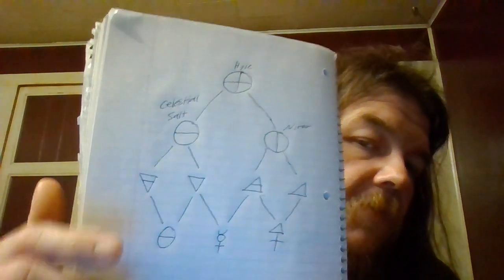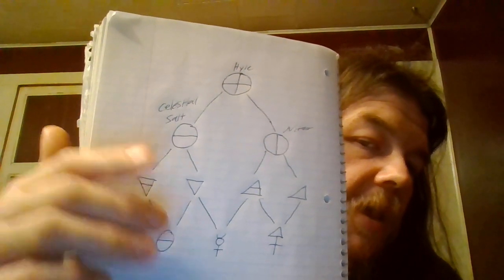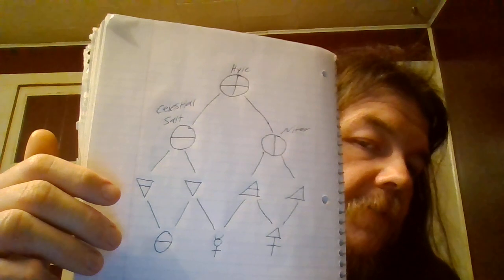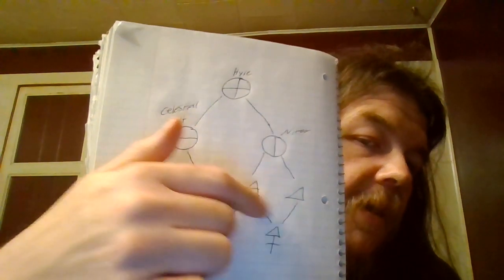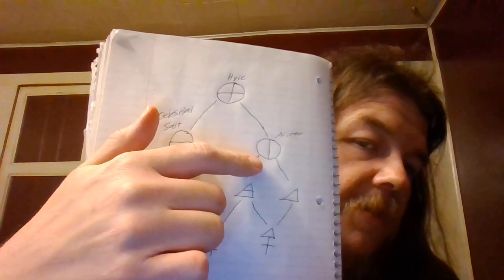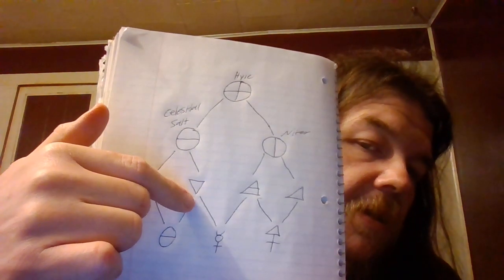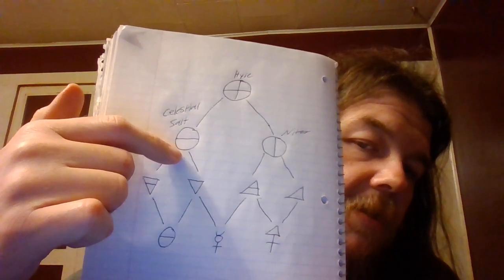Fire and water are active. Air and earth are passive. Fire and air are electrical because of the niter. The water and the earth are magnetic because of the salt.